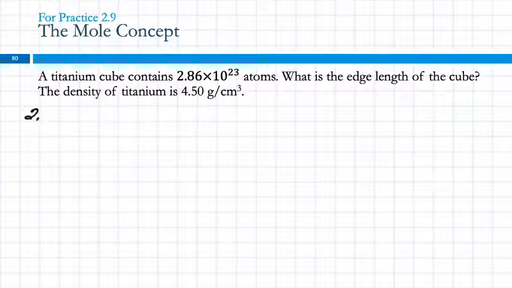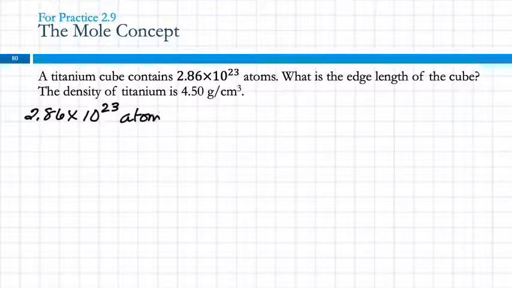So 2.86 times 10 to the 23rd atoms. What kind of atoms are those? Titanium. So I'm atoms of titanium. And then the other number I'm given is density, 4.50 grams per cubic centimeter.